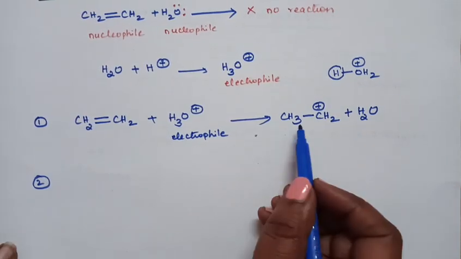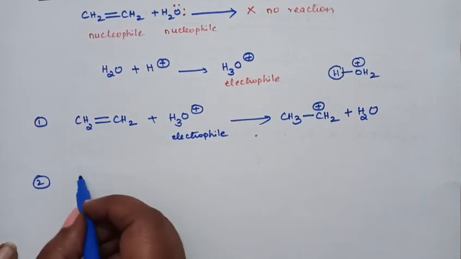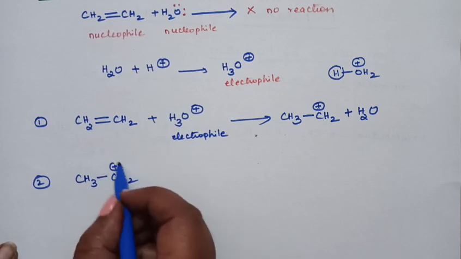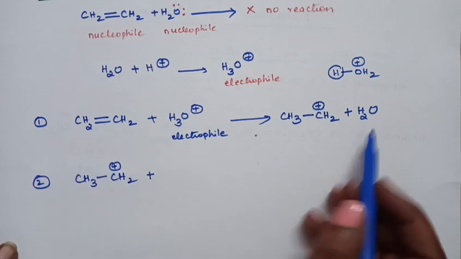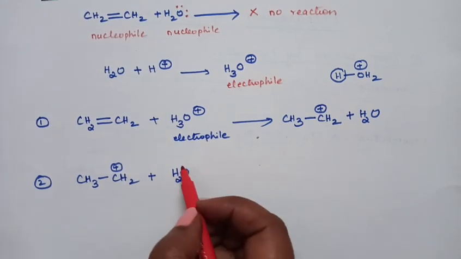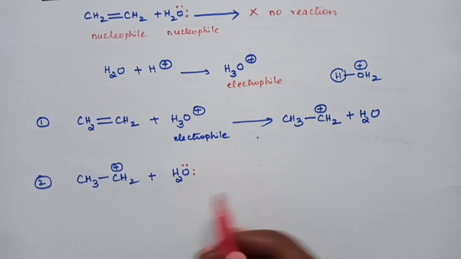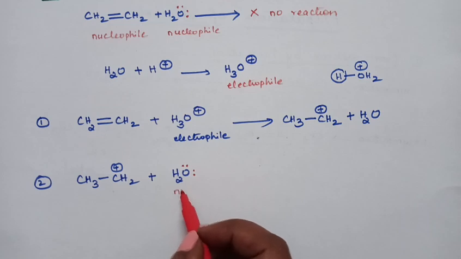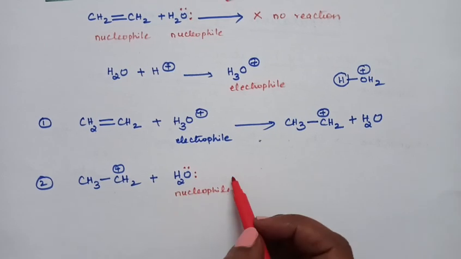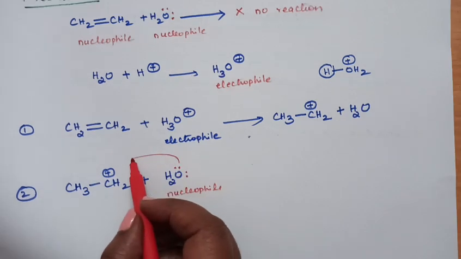Second step, take this carbocation, CH3 CH2 plus carbocation, plus take water, H2O. So water will be having 2 lone pair of electron. Therefore this is nucleophile. So nucleophile will attack this carbocation.